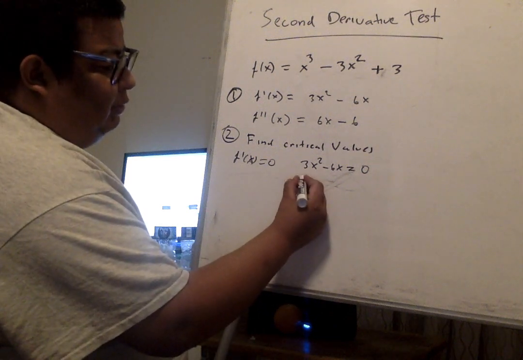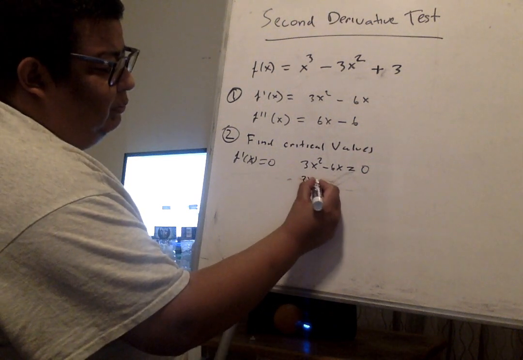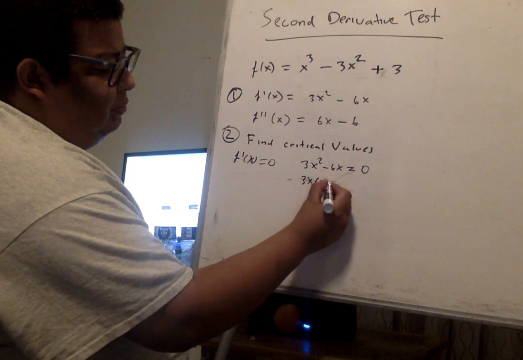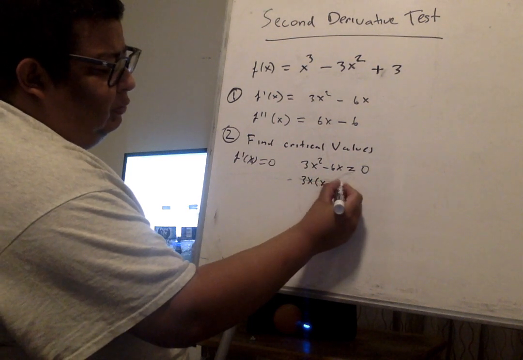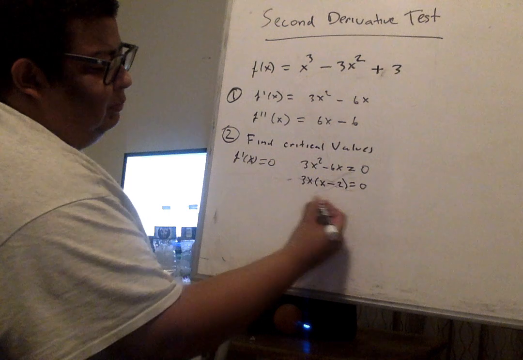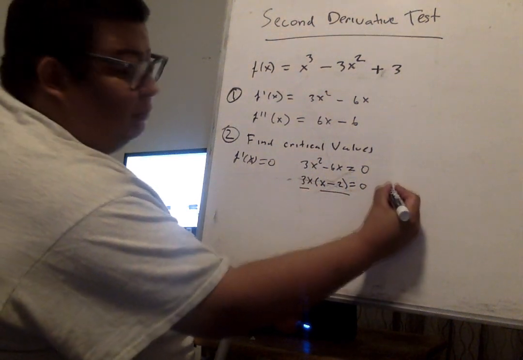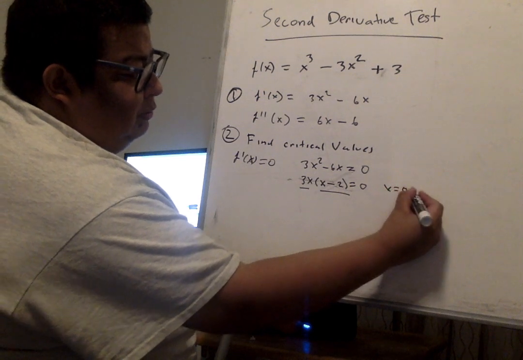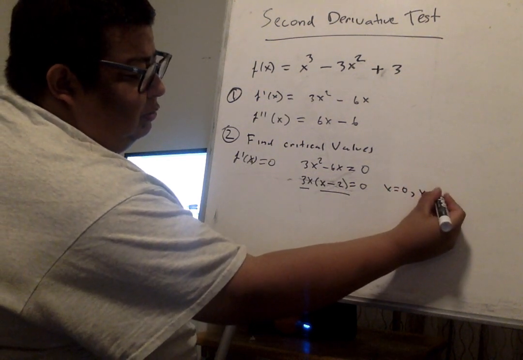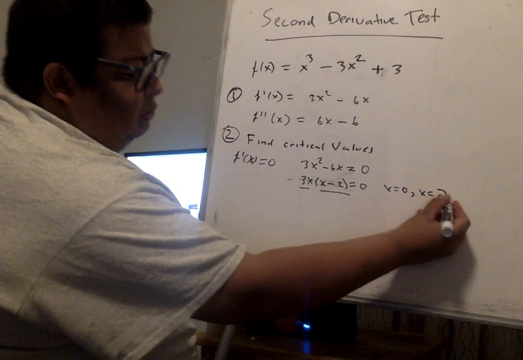Okay, so we're gonna factor 3x. That's gonna give us x minus 2 equals 0. We set each one equal to 0, so we're gonna get x equals 0 and x equals 2.